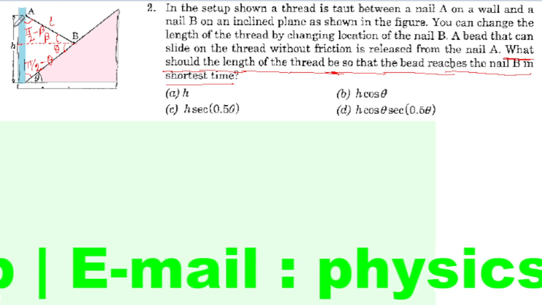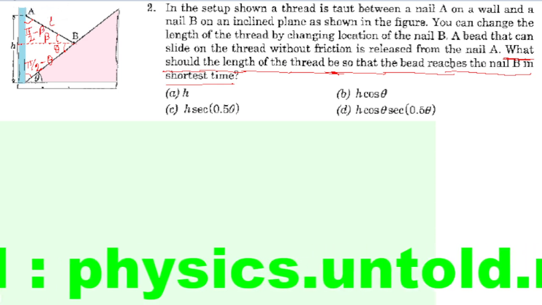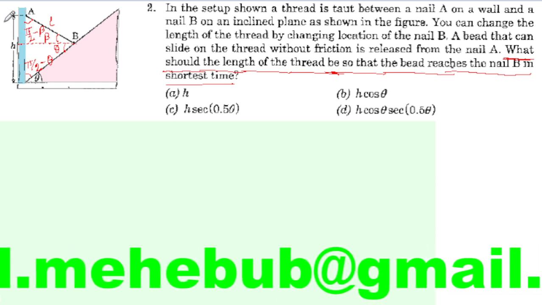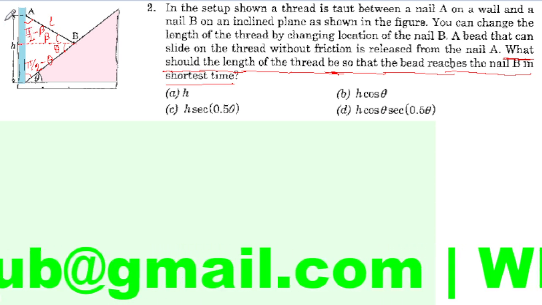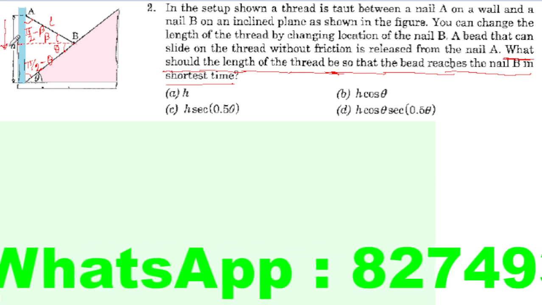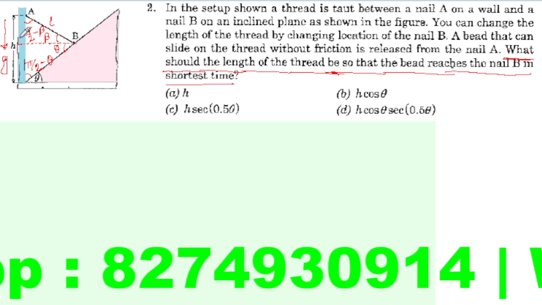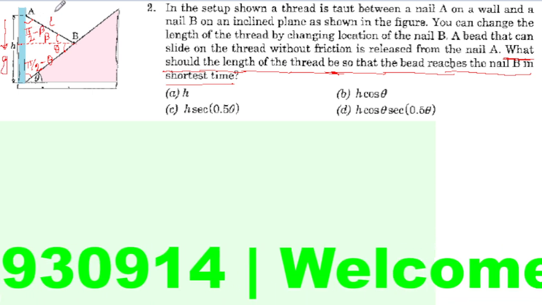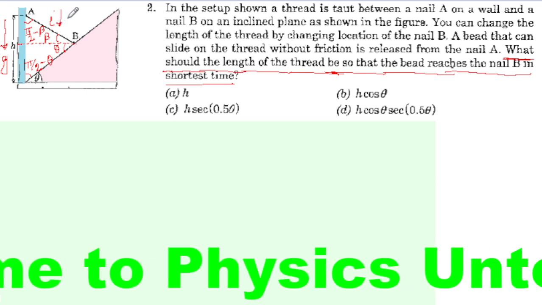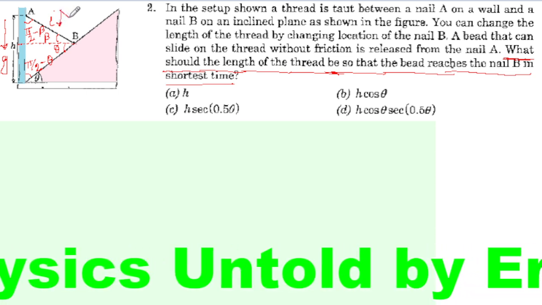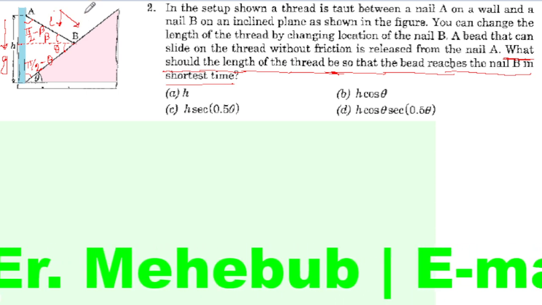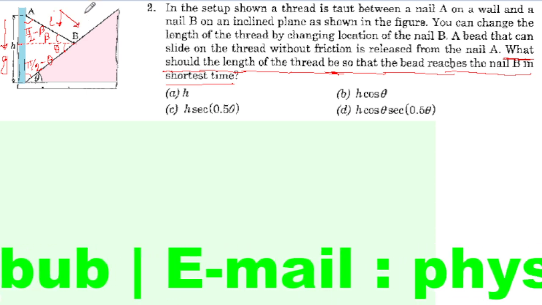Now if we resolve the acceleration due to gravity into mutually perpendicular components, as we all know the acceleration due to gravity is always acting in the vertically downward direction, and this is a line which is parallel to the rope or string.